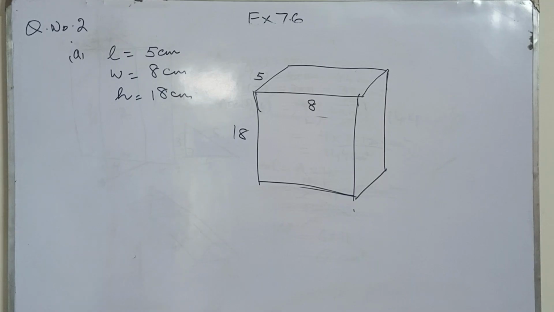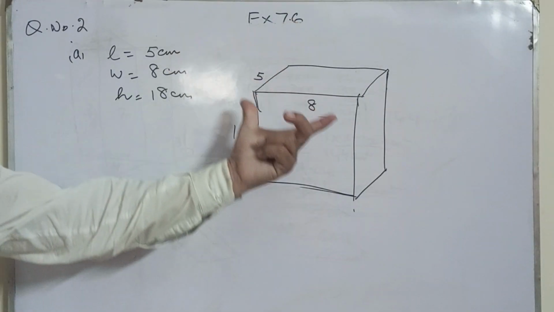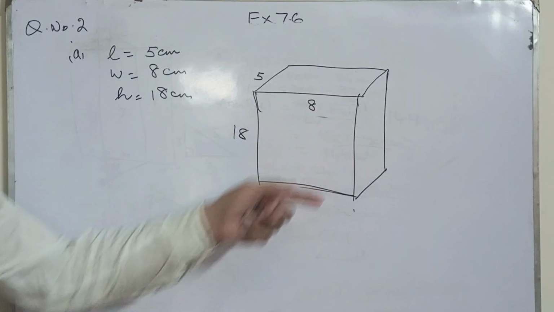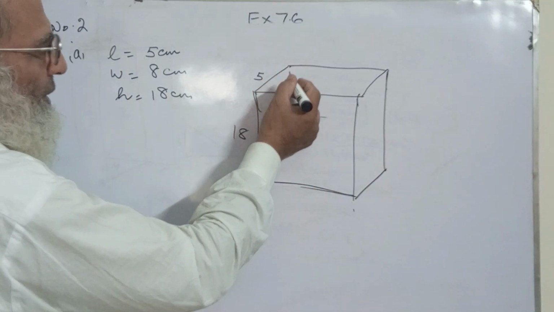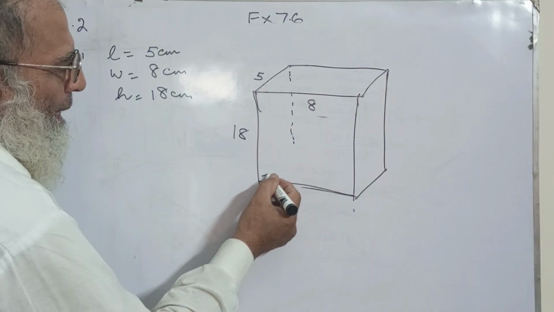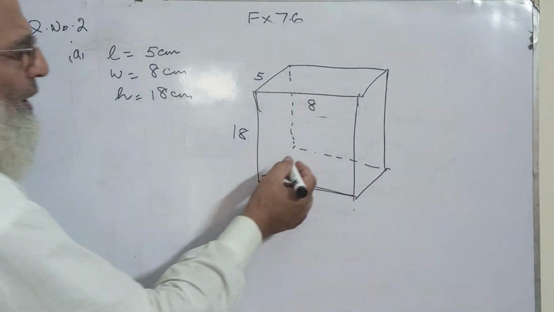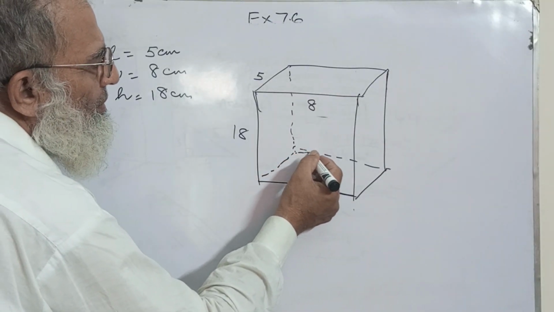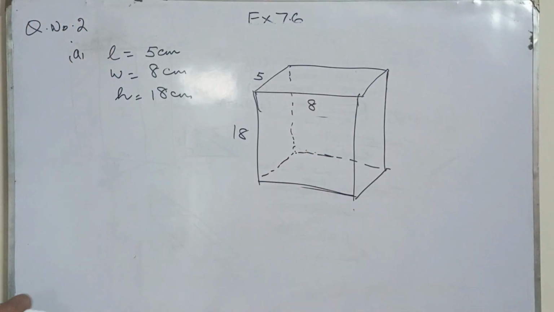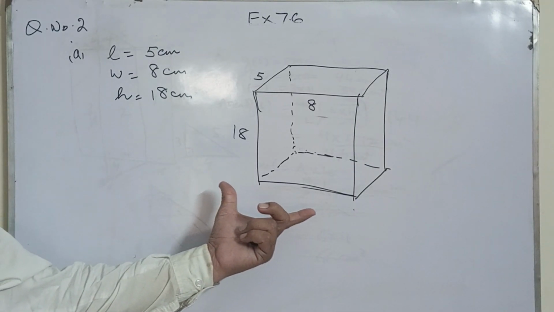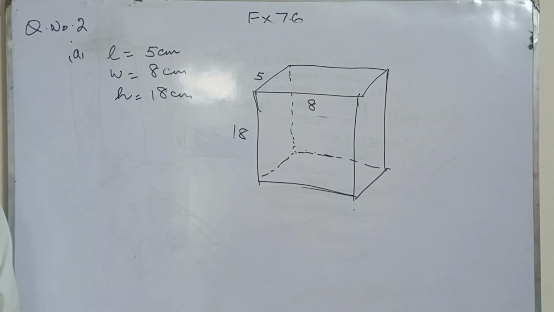That means we have 3 figures multiplied by 2, 6. 1, 2, 3, and it will be repeated, hidden on the other side of this figure. If I make it in dotted line, it will become like this. Don't worry about my drawing. It is just a third class sort of freehand drawing because I have to cover the time.